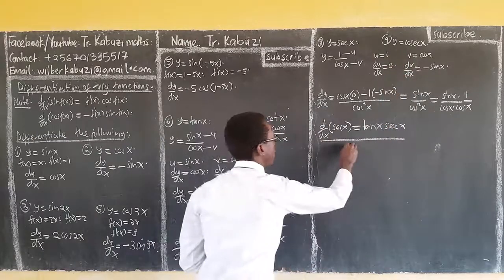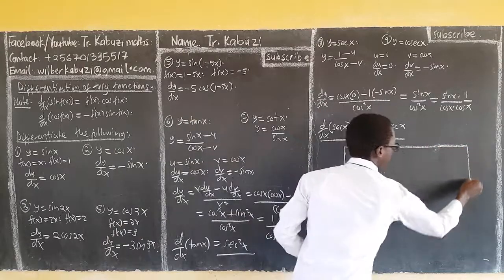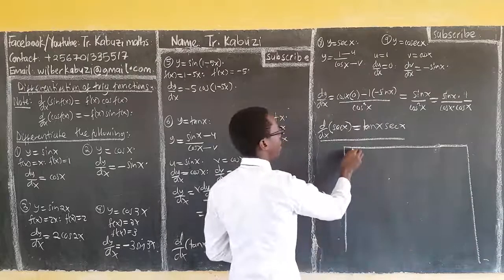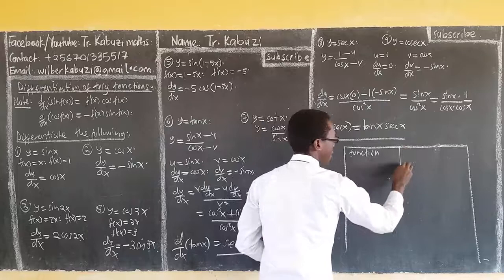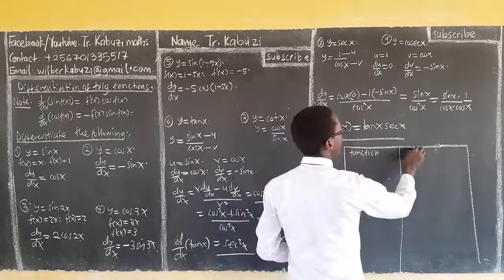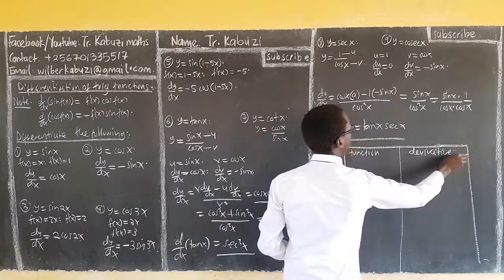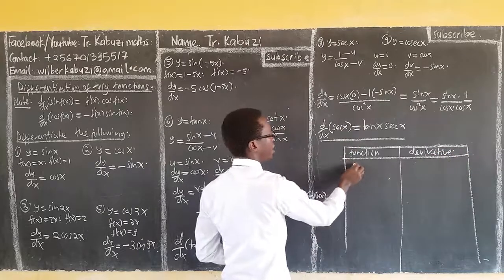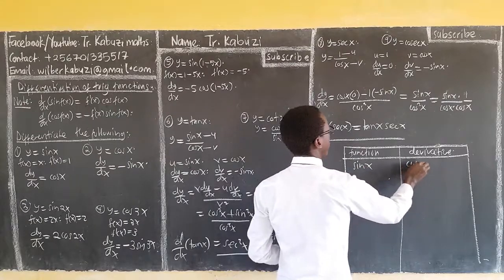So to summarize for you, the table is going to be summarized like this. Here I'm going to put the function, then inside I will put the derivative. We said if the function is sin x, its derivative is cos x.